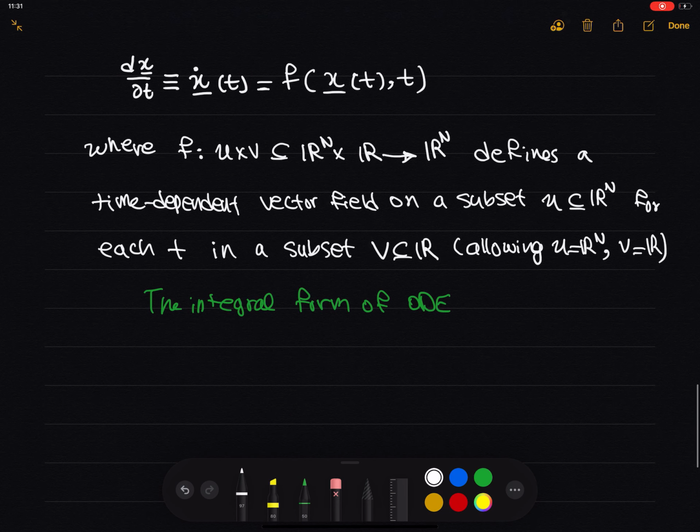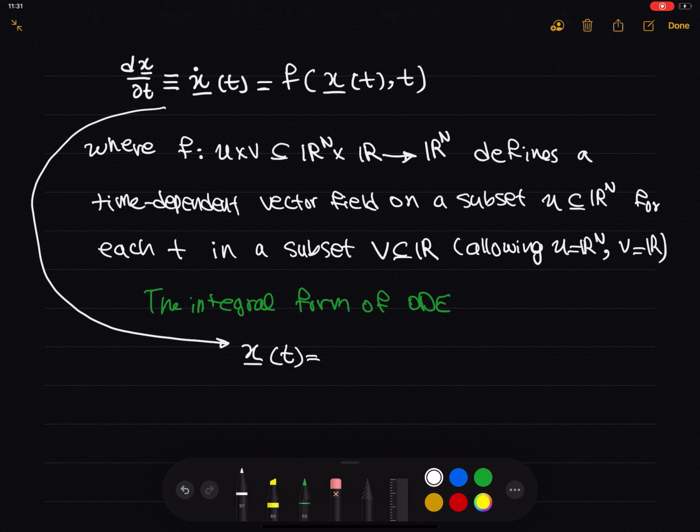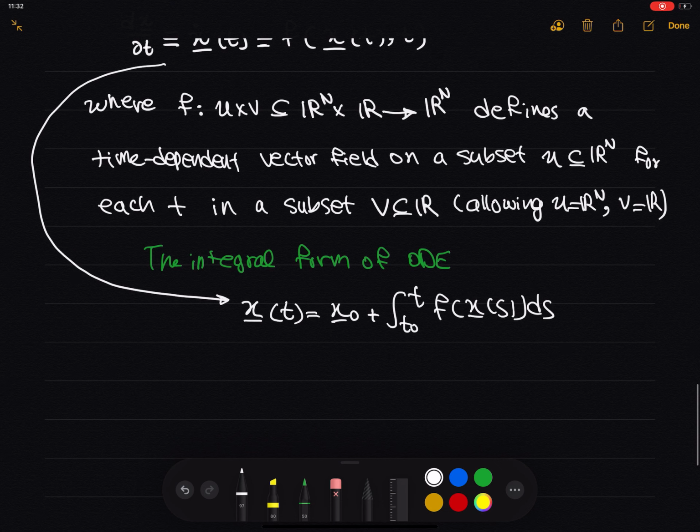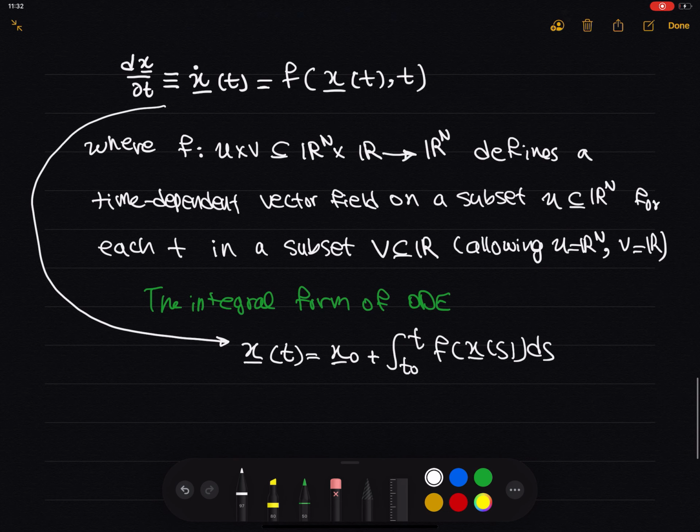Okay, so for example here, if we take the integral of x(t) on the left hand side, it is going to be x naught plus the integral from t0 to t of f(x(s), s) ds. So if you take the integral form of that, you can write it this way.